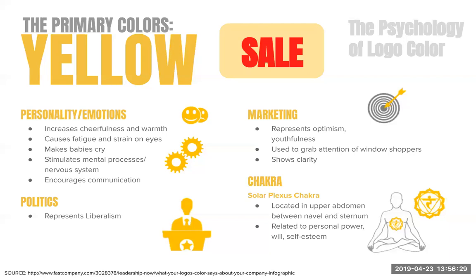It's known to make babies cry. This is always the point that I make on the yellow slide. When we bought our house, it was before we had our kids, and it was a new build, so all the walls were white. The first time we walked in the house, I said, I feel like it's cold in here.